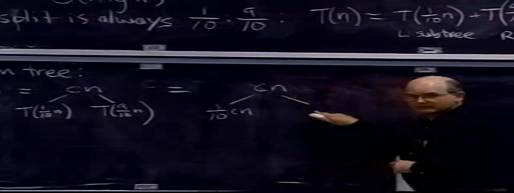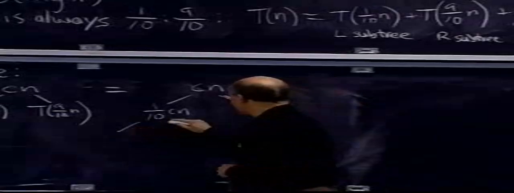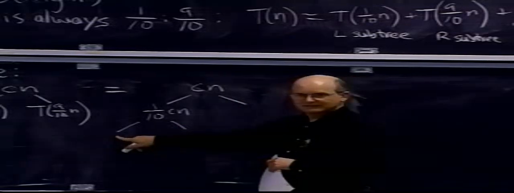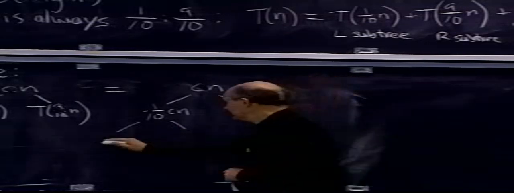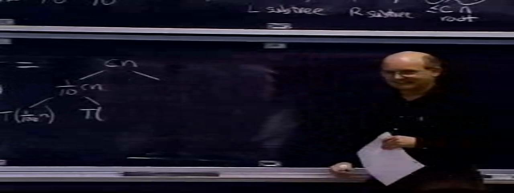And what about here? Actually, let me expand this fully. This is actually the right thing to do. Then what do I get here? T of 1/100 n. And here? 9/100 n.